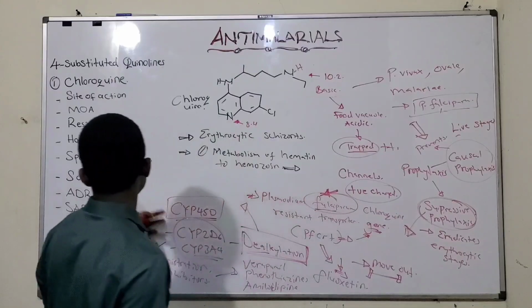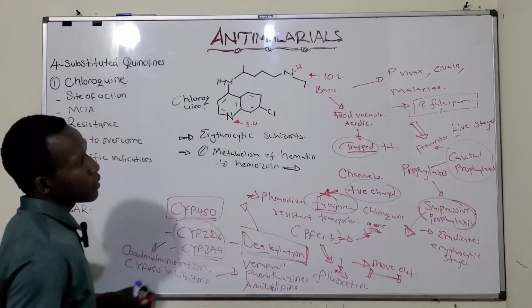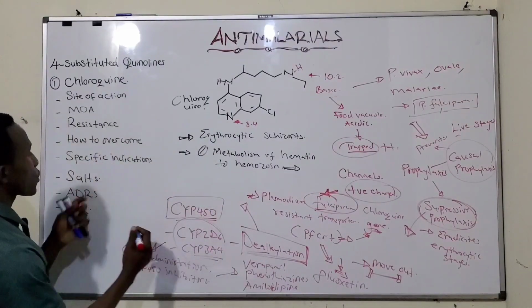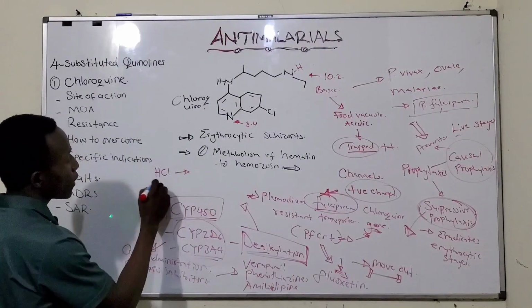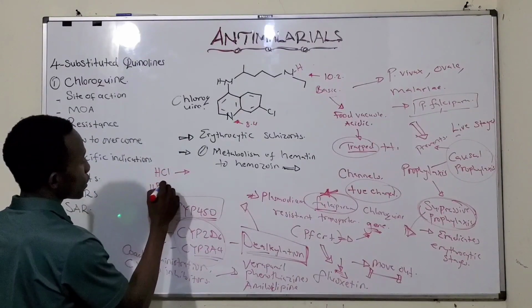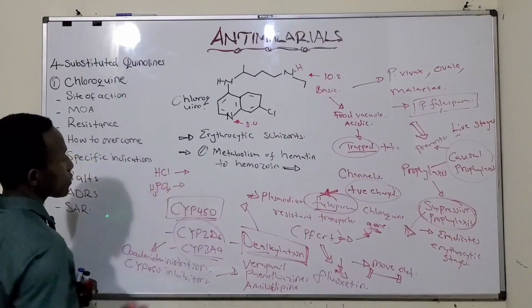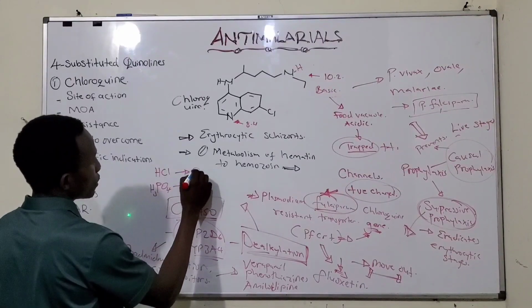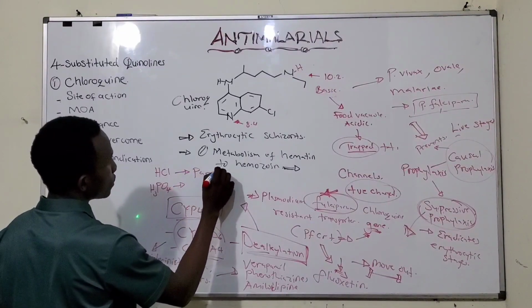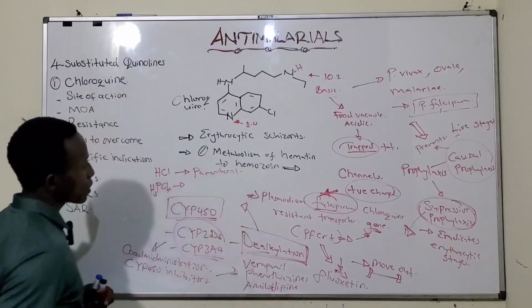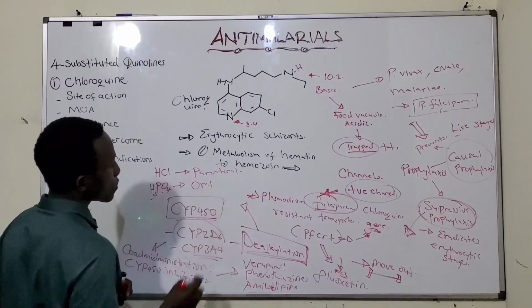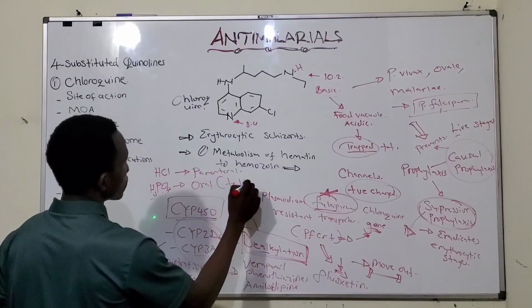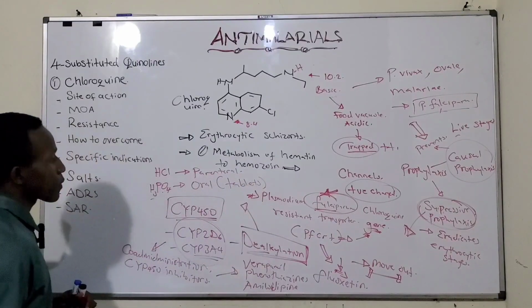So that is for the indications. Now for the salts, we have the HCl salt, and also the phosphate salt. The HCl is mainly for parenteral administration, and the phosphate is mainly for oral administration. Those are tablets mainly.